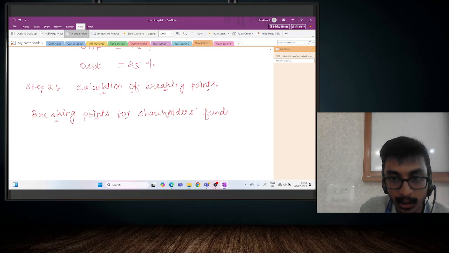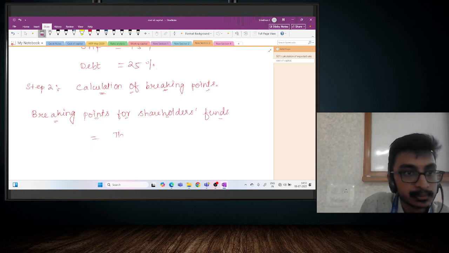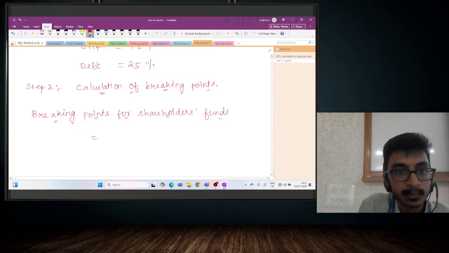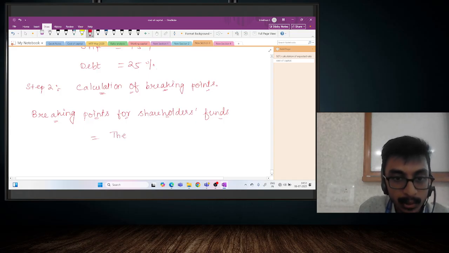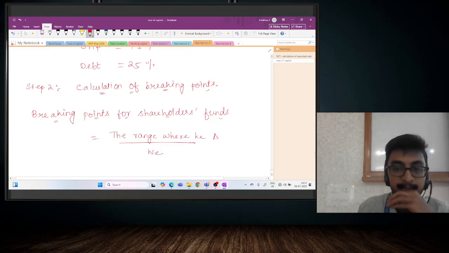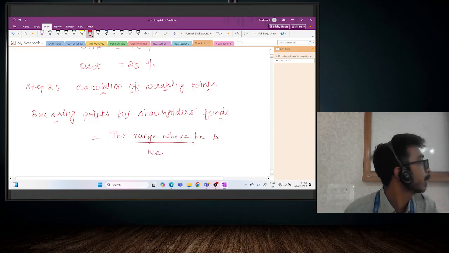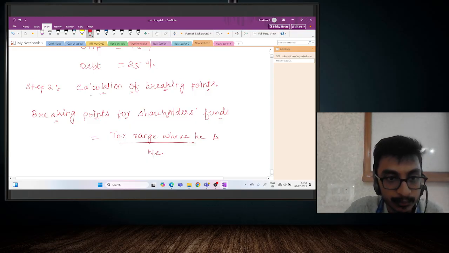Breaking points for shareholders fund is equal to the range where KE changes divided by weight of equity.